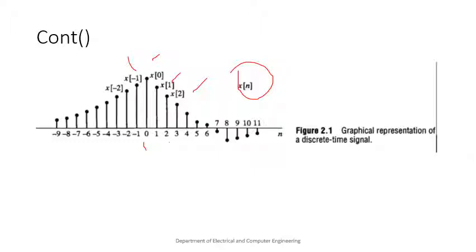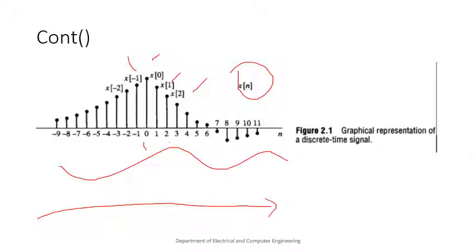So how do we do it? For example, this is our continuous signal. What I'm going to do is replace this t with nT. Let's say T is equal to 1 and n starts from minus 9.